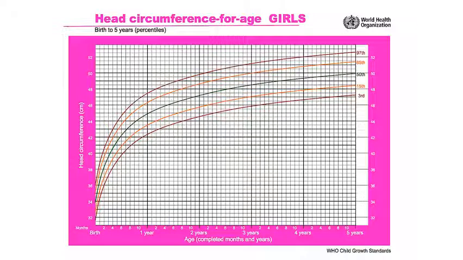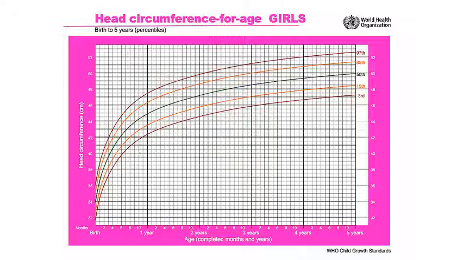This is another chart, head circumference for age. This is for the girls, and it is written birth to 5 years, and percentiles are mentioned. The 5 percentile grades are mentioned, and at the bottom age is mentioned: birth to 1 year, 2 years, 3 years, 4 years, and up to 5 years.